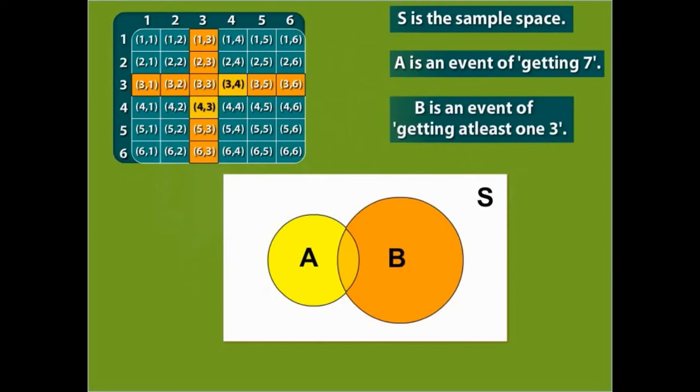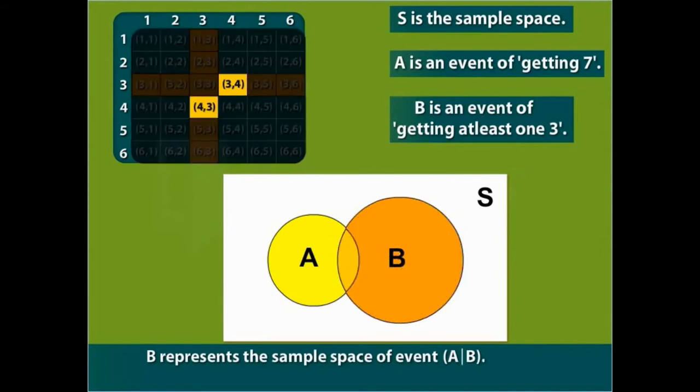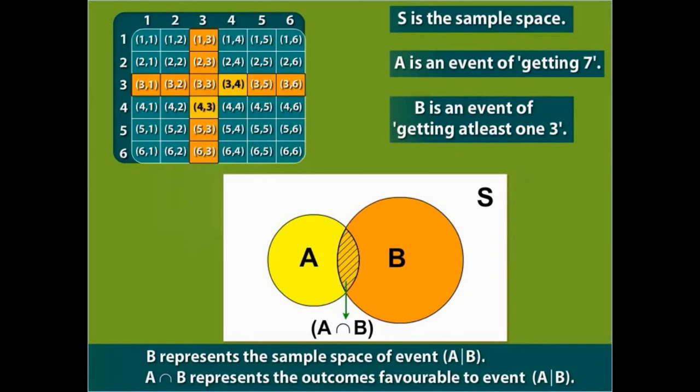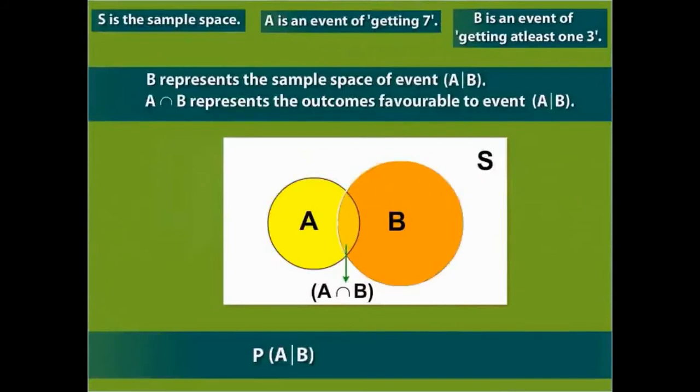Now, the sample space for the event of getting 7 when 3 has already occurred is set B, and the outcomes favorable to event of getting A when B has already occurred are represented by A intersection B. Thus, the probability of A when B has already occurred can be expressed as the probability of A intersection B upon probability of B. Such probability of an event that occurs when another event has already occurred is known as the conditional probability.